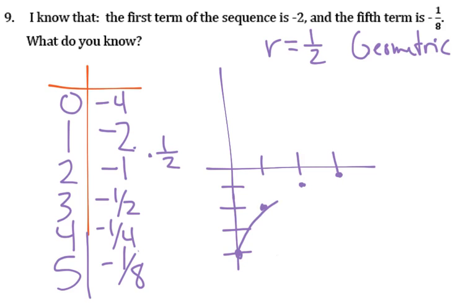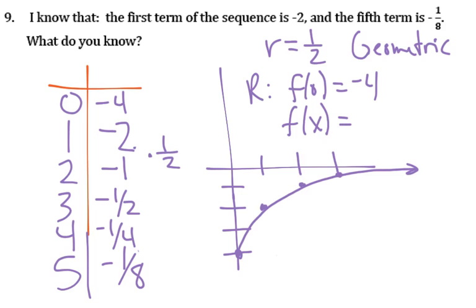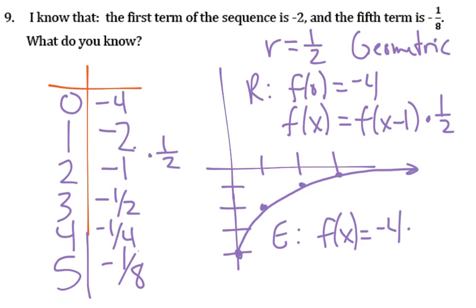So it's going to keep going down like that, but never quite getting to 0. Now recursive, f of 0 equals -4. f of x equals f of x minus 1 times 1/2. Explicit, f of x equals, we started at -4, we're timesing by 1/2, x amount of times.